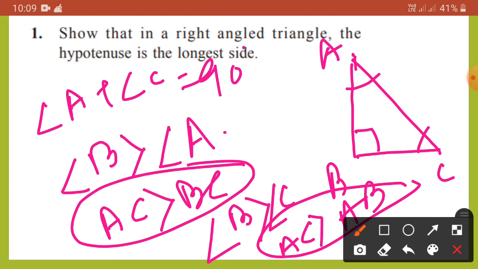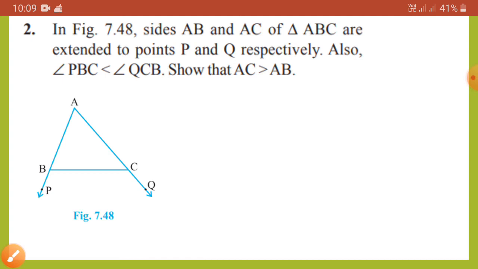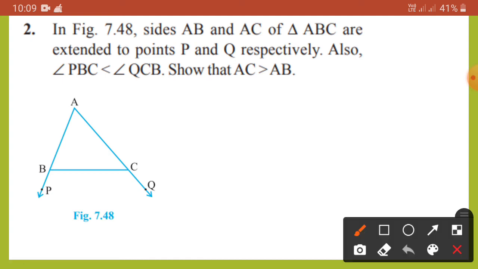Okay, go to the next question. Now in this figure, sides AB and AC of triangle ABC are extended to points P and Q respectively. Also angle PBC is less than angle QCB.